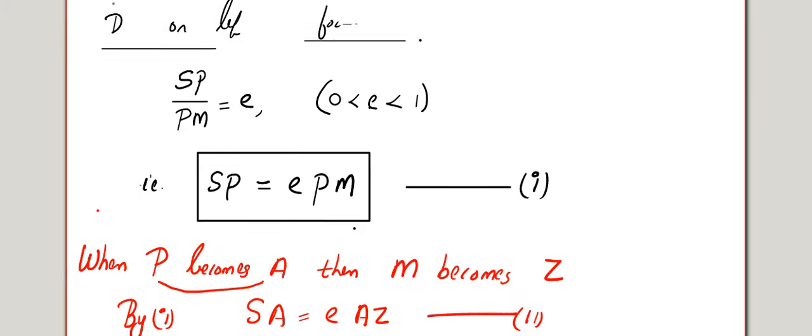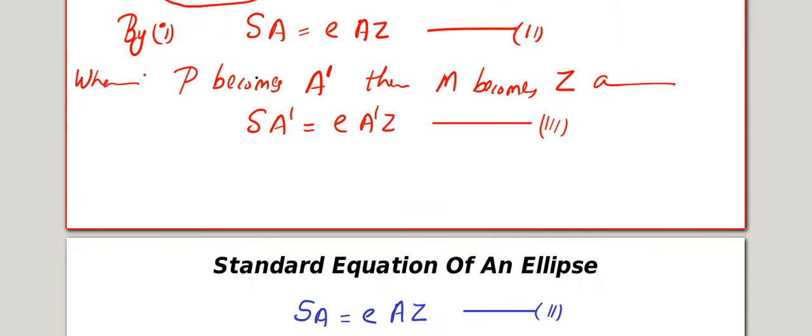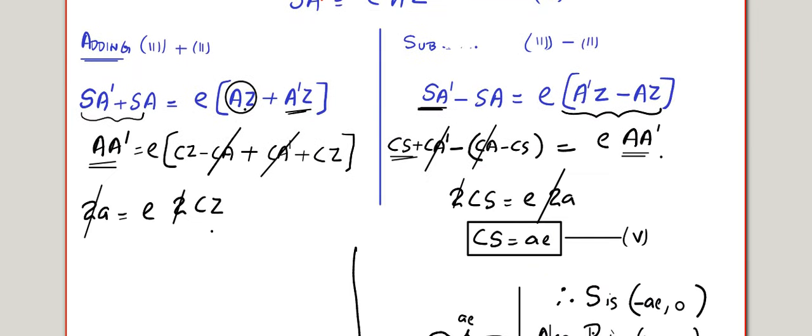In the second part, what we do is we try two relations. And in the third part, we do addition and subtraction. One side will be AA dash and the other side should be written in terms of the centre.